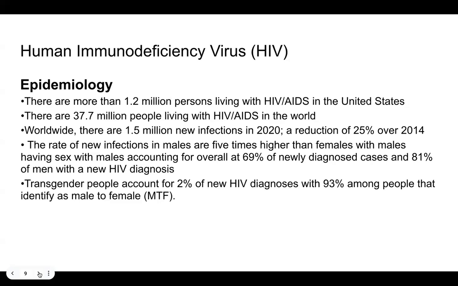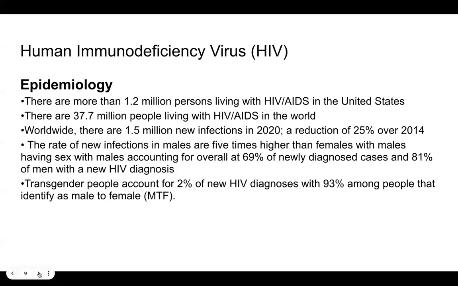There are 37.7 million people living with HIV/AIDS in the world. Worldwide, there are 1.5 million new infections just alone in 2020. But they have seen a reduction of 25% since 2014. So there has been a reduction.